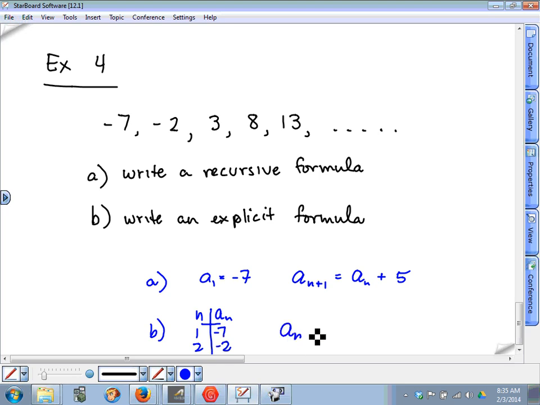So a sub n equals, I just put n plus 5. N plus 5, okay? If n equals 1, that would give us a 6, but it should be -7, right?